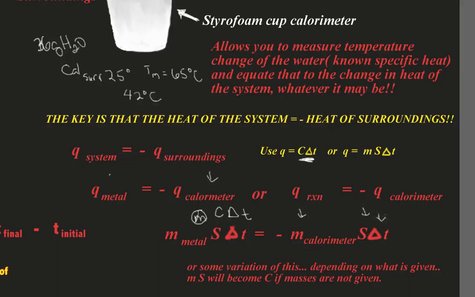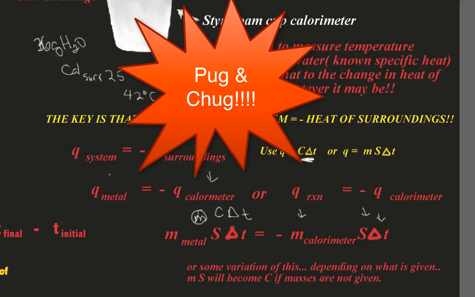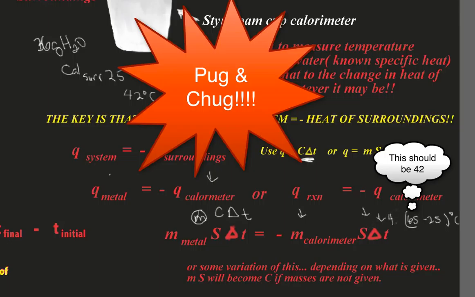The delta T here would be the initial temperature of the water, which was 25 degrees Celsius, and the final temperature. So you would just plug in the final temperature minus 25 degrees Celsius over here. And then here we would have specific heat, which was 4.18, and then the mass, which was 36 grams. And there's one side of your equation with a negative sign. Don't forget the negative sign.